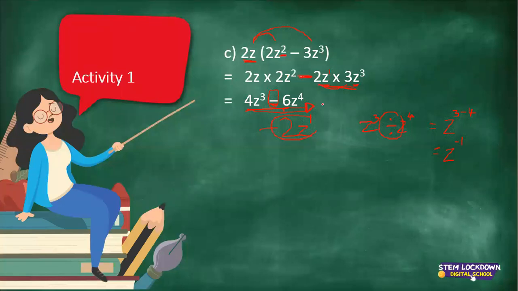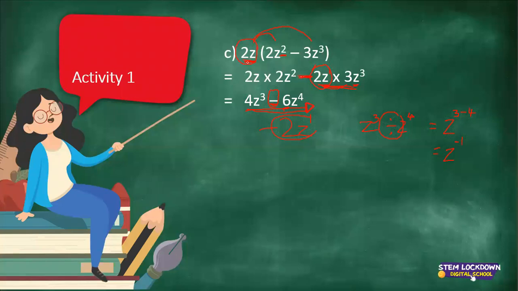Oh, okay. Good question. But remember, this 2z comes from this 2z, right? This 2z and this 2z are the same, so we can't change this to a power 3 because there's no 3 here. You understand?